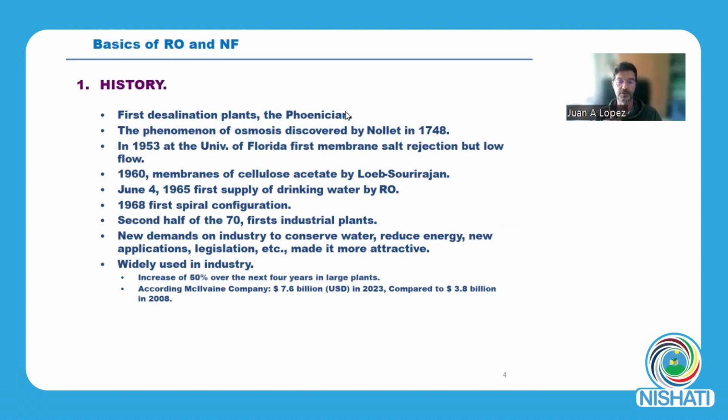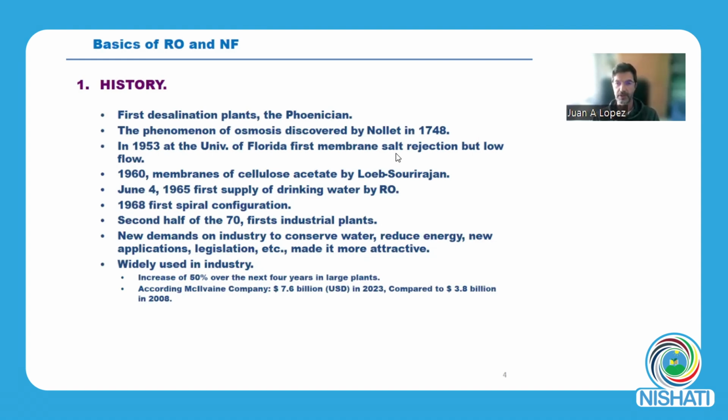Later, the sailors took those sponges full of water steam, squeezed them, and obtained water. So those were the first desalination plants that we know, or of course, plants is probably not the best word. But in 1953 at the University of Florida in the USA, they produced the first membrane, probably the first current membrane.